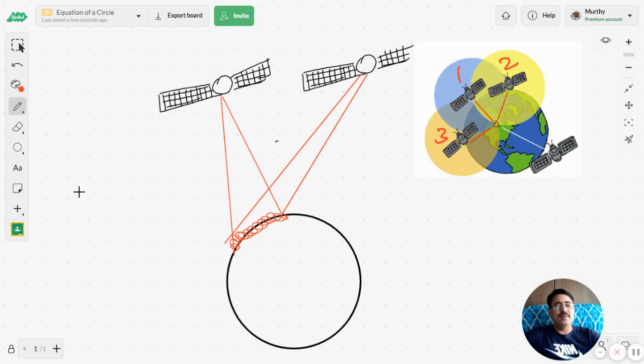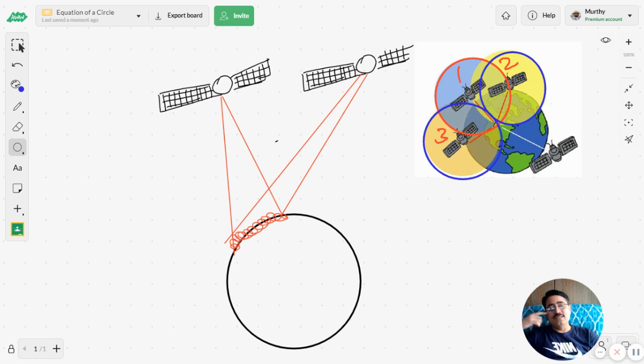So technically here we are talking about circles. I'm sorry that the circle is not properly drawn. Let's say here is one circle and here is another circle. My apologies, they're not drawn properly, but you can see that all these three circles are coinciding at one particular point.